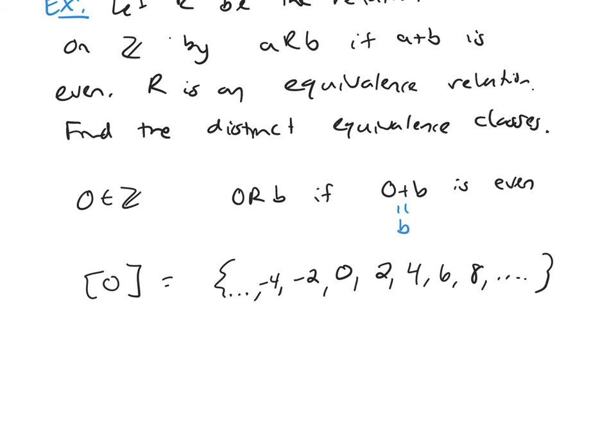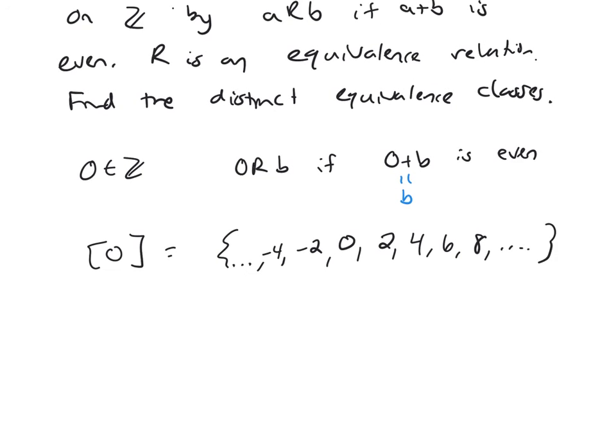Now this isn't the only equivalence class because not all of the integers are contained in this set. So let's pick an integer that's not in this set, for example, 1. 1 is in Z, but 1 is not in the equivalence class of 0.